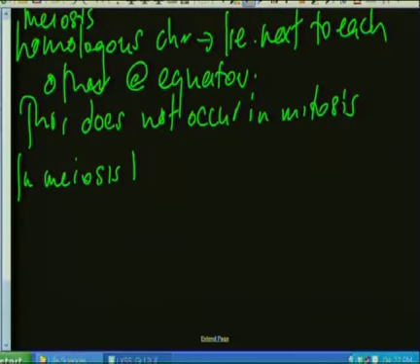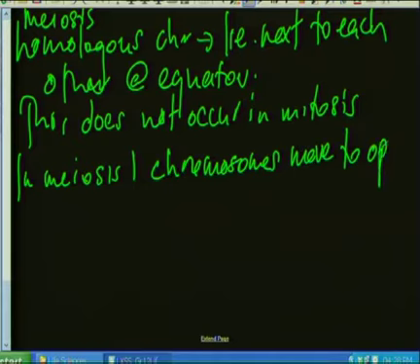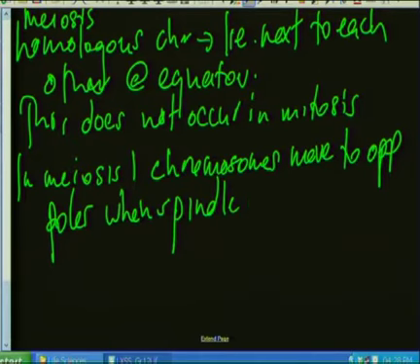In meiosis 1, you've got to be specific in this difference. In meiosis 1, chromosomes move to opposite poles when the spindle contracts.